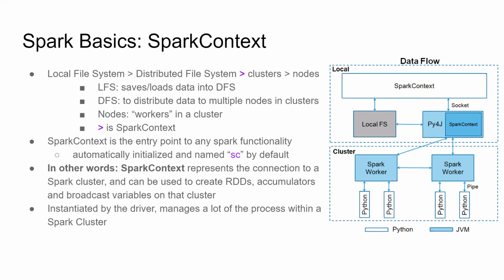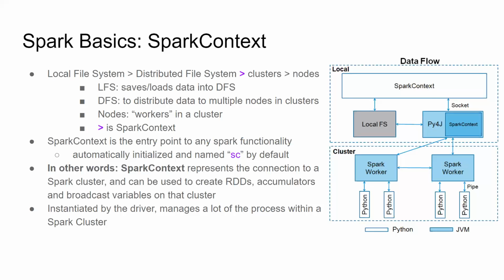So now let's look at the diagram. You can get the basic idea of how everything flows, but I want to clarify what Py4J is there. It basically allows Python programs running in a Python interpreter to access Java objects in a Java virtual machine.